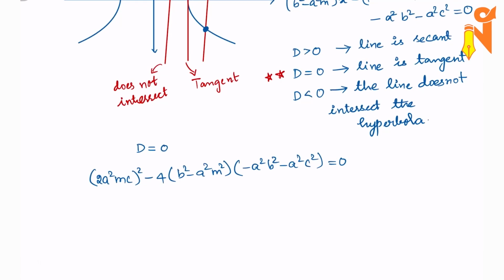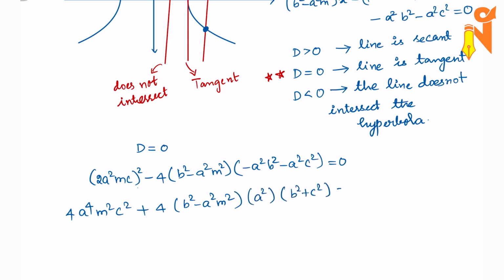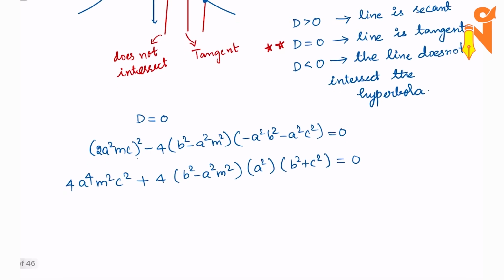Now let us simplify by taking the common terms. 4a power 4 m square c square minus 4, if I take minus out, it will be plus (b square minus a square m square). From this again I can take a square common, this will be (b square plus c square) is equal to 0.